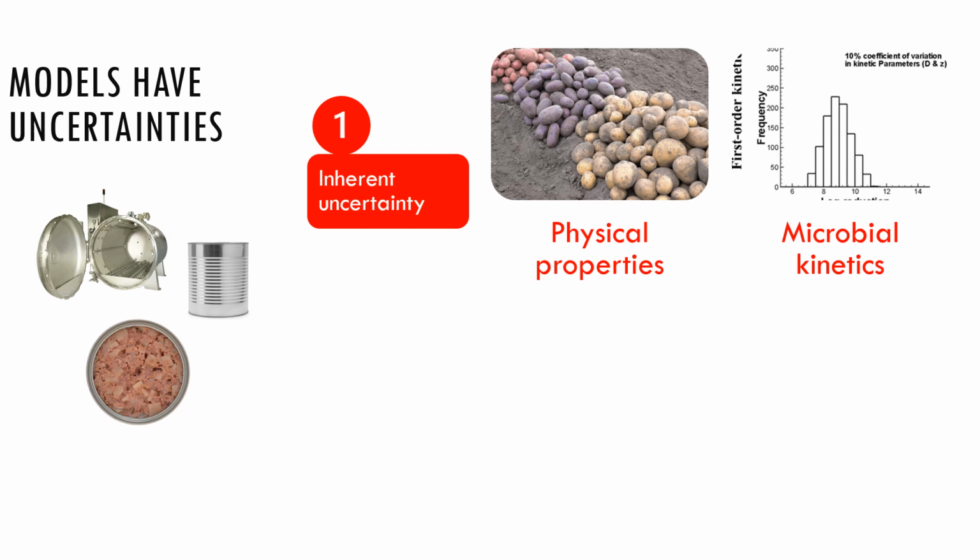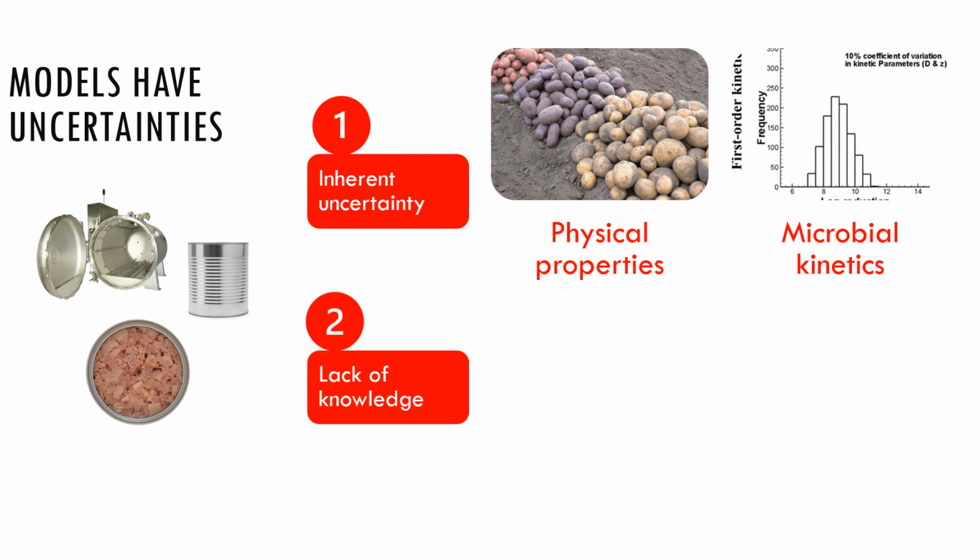We can also have uncertainty due to lack of knowledge, something we don't even know. Here we know, but there is variability in what we know, but we can also have lack of knowledge uncertainty. So what can be an example of lack of knowledge uncertainty?